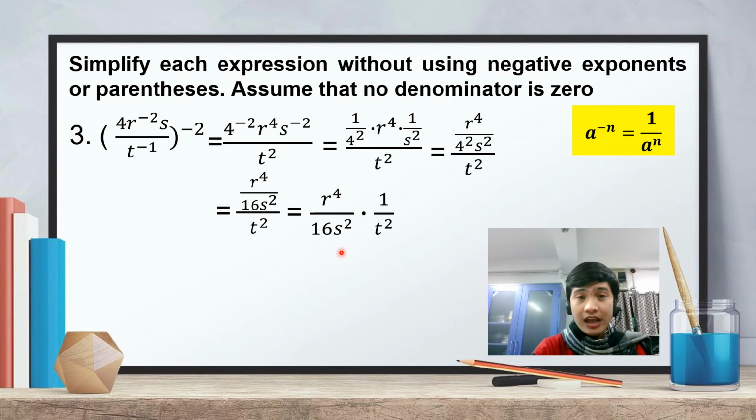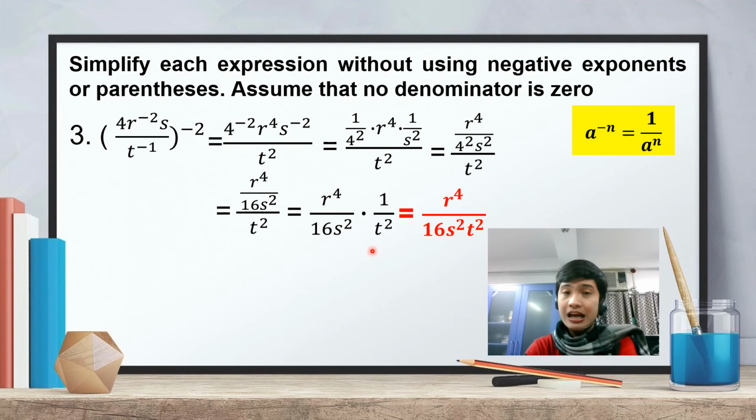Yun lang ang ginamit natin dito. So, ang dividend natin dito ay r raised to 4 all over 16s square. And then t square, we get the reciprocal of this. So, that is 1 over t square. And then, proceed to multiplication. Simplifying this, that is r raised to 4 all over 16s square t square.